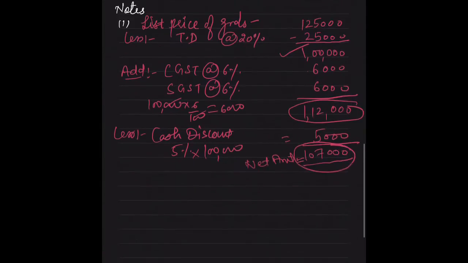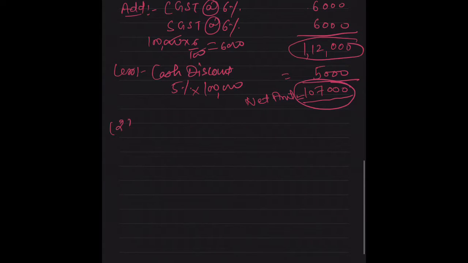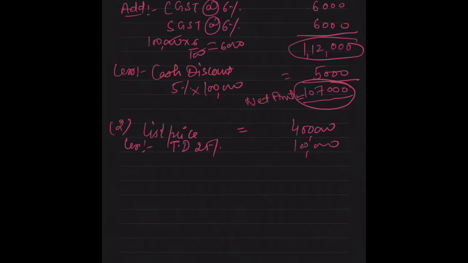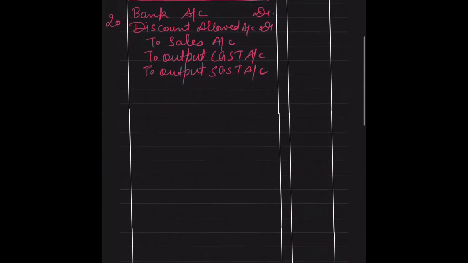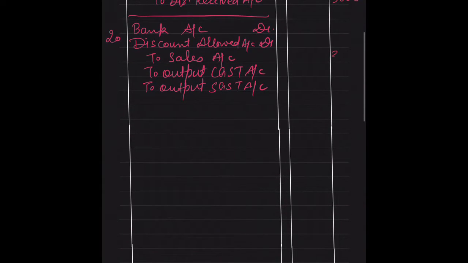Now the same procedure in the second working note. The list price of the goods is 4 lakh. First we deduct the trade discount, 25% on 4 lakh, which is 1 lakh, and 3 lakh will be treated as sales.